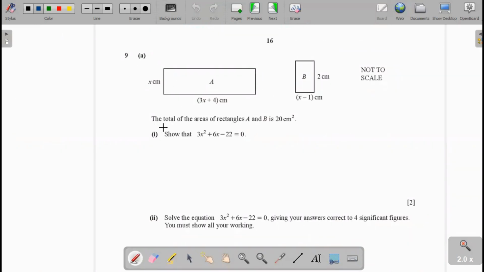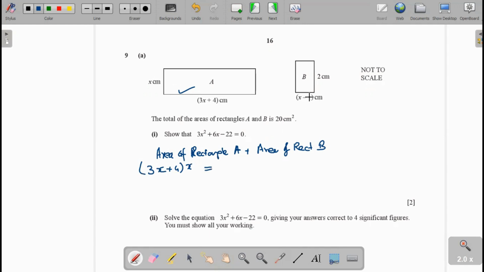Question 9, part A. The total area of rectangles A and B is 20 centimeters squared, so that 3x squared plus 6x minus 22 equals 0. Now the area of the shape is the area of rectangle A plus the area of rectangle B. You see here the area of rectangle A is length times width: 3x plus 4 times width x.